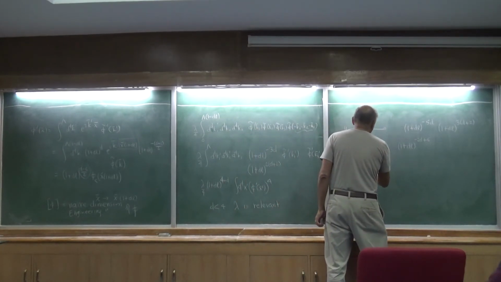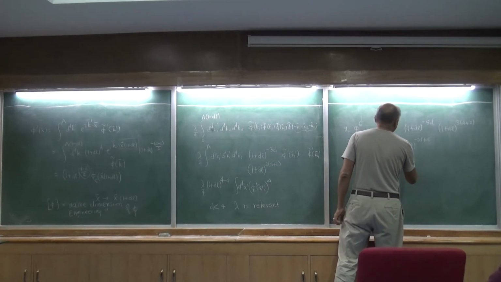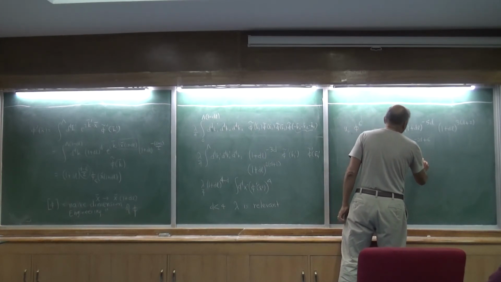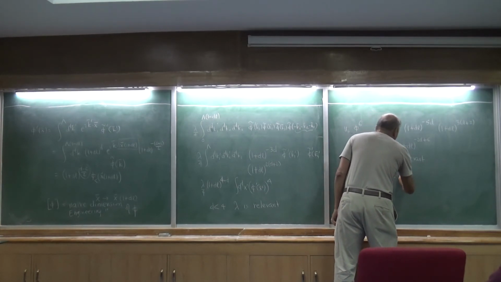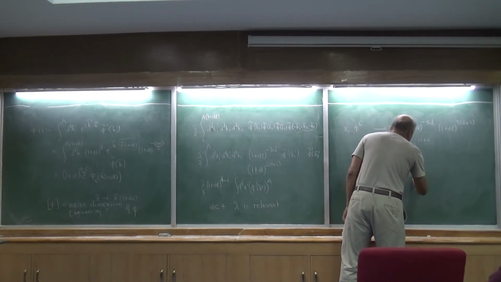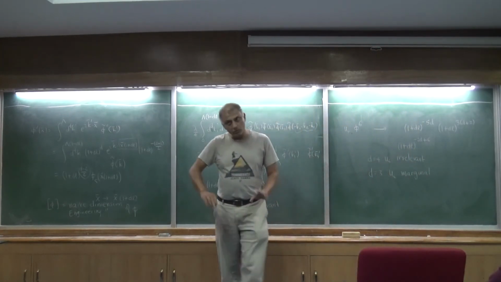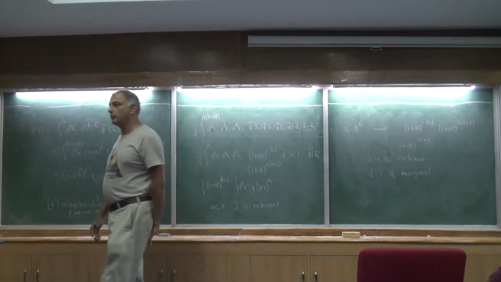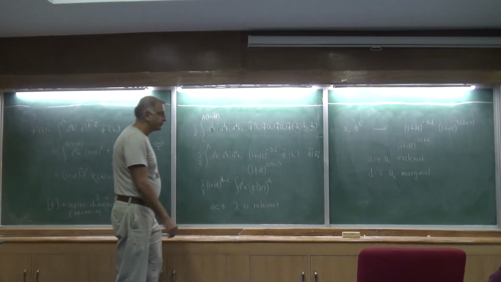So for d equals 4, u6 is irrelevant. For d equals 3, u6 is marginal. So we don't know quite what to do with u6 at the moment. We'll figure it out as time goes on.